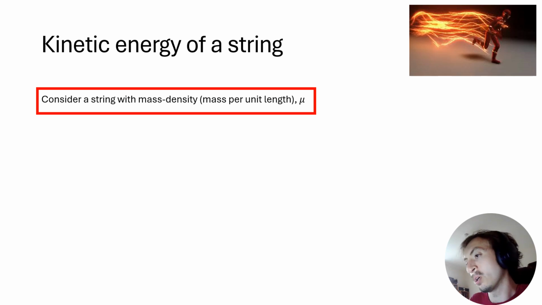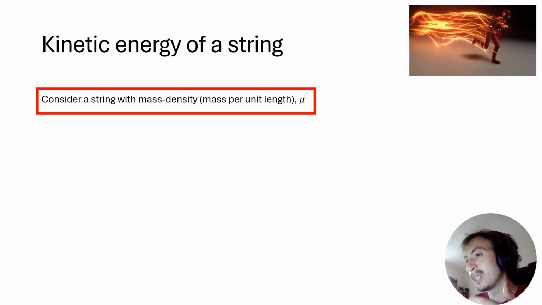Now, our string is idealized to be one-dimensional. That is, our string has a length, but it doesn't have cross-sectional area. Definitely doesn't have volume. So there's no point defining the density of the string to be mass per unit volume, because the string has no three-dimensional volume to speak of.